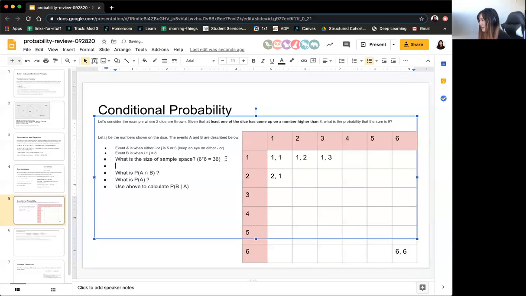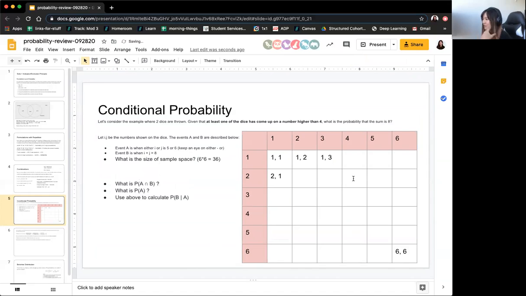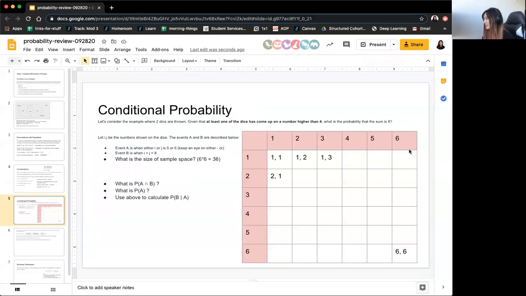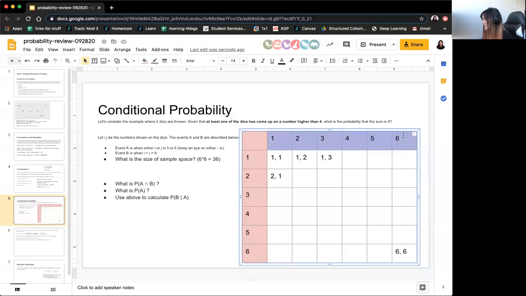When they're asking for intersect, we should actually map out what our A's and B's are. The way I like to do this, let's color code these cells. Let's do event A first: either I or J is 5 or 6. Let's say this is I, this is J. Looking at I first, if I is 5 or 6, that is all of these outcomes.